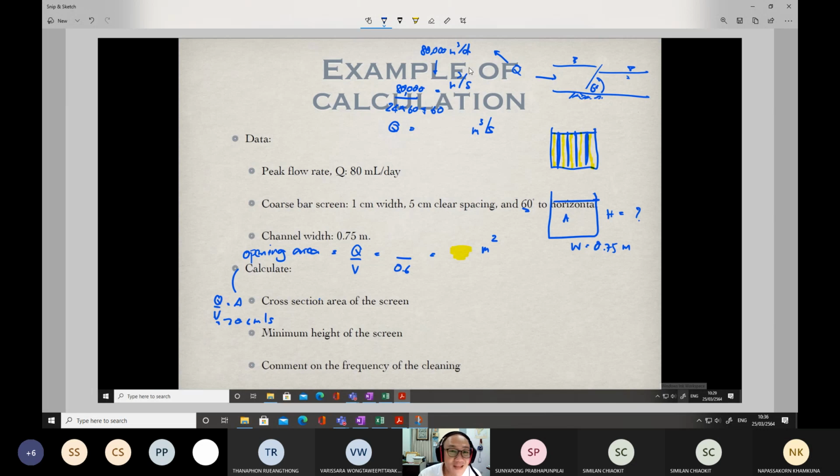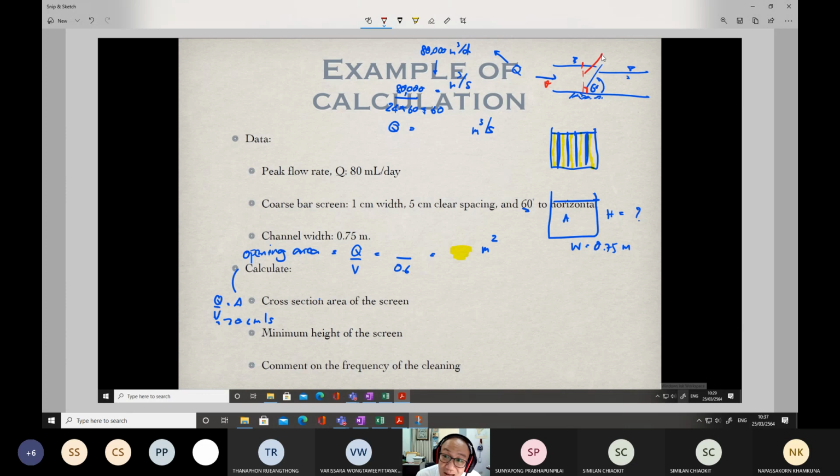And remember, whenever we talk about Q equal to AV, Q is the flow rate, V is the velocity, and the area must always be perpendicular to the direction of the flow.